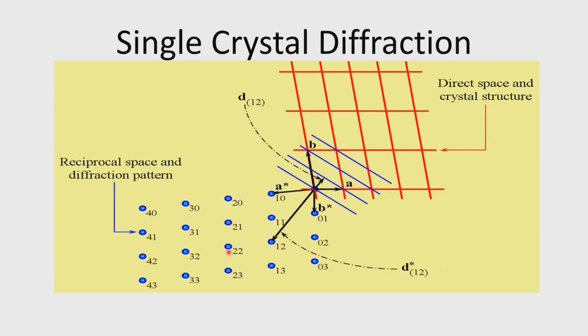Suppose I take this as 1 2. This is cutting at 1 and this is cutting at half the position. So, this then will be 2 4.